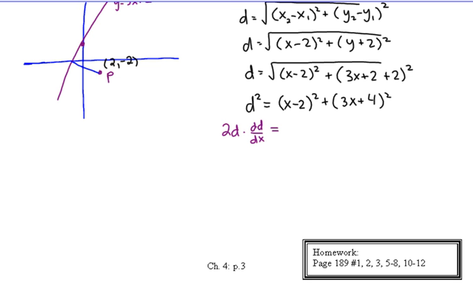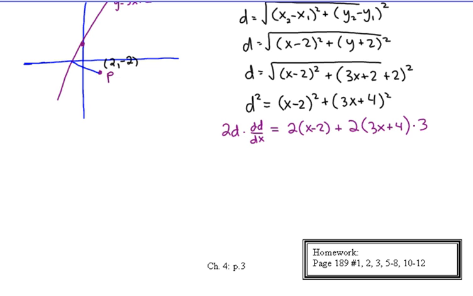You could FOIL it all out and collect like terms, might be easier. Because you have to use chain rule here, right? 2, leave the inside, power of 1, times the derivative of the inside, which is just 1, plus, again chain rule, so 2, leave the inside, power of 1, times the derivative of the inside, which is 3.